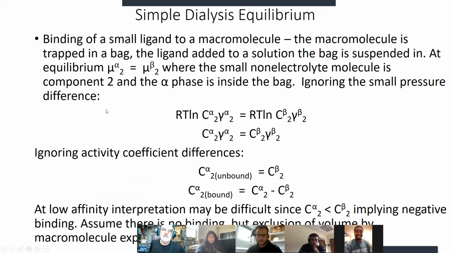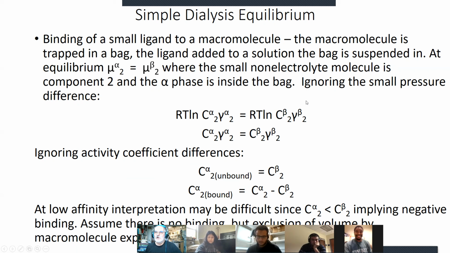And so the solute will eventually come to equilibrium across the bag, and it will have equal chemical potentials in the bag and in the solution, is the idea. So the alpha phase is inside the bag, the beta phase is outside the bag. And then he makes this simple analysis to ask, how does this work?